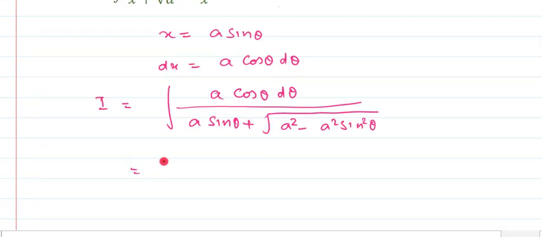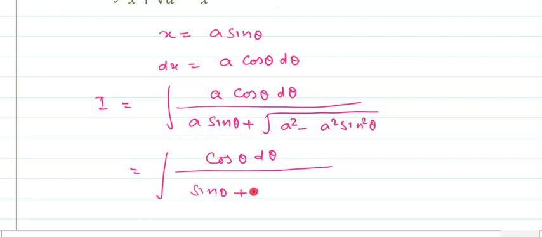Simplifying it further, we get a in the numerator, and from the denominator we can also take a common, and a will cancel out from numerator and denominator, and we are left with cos theta upon sin theta plus cos theta, which is nothing but the same problem we have just discussed.